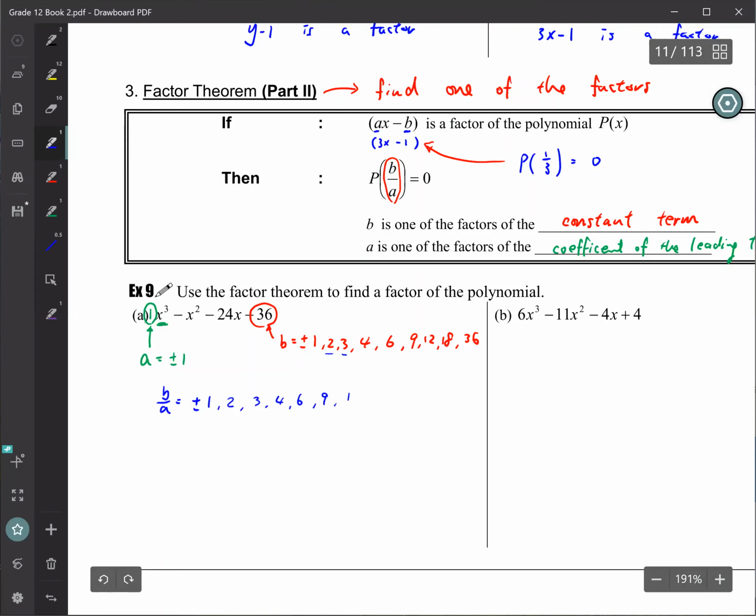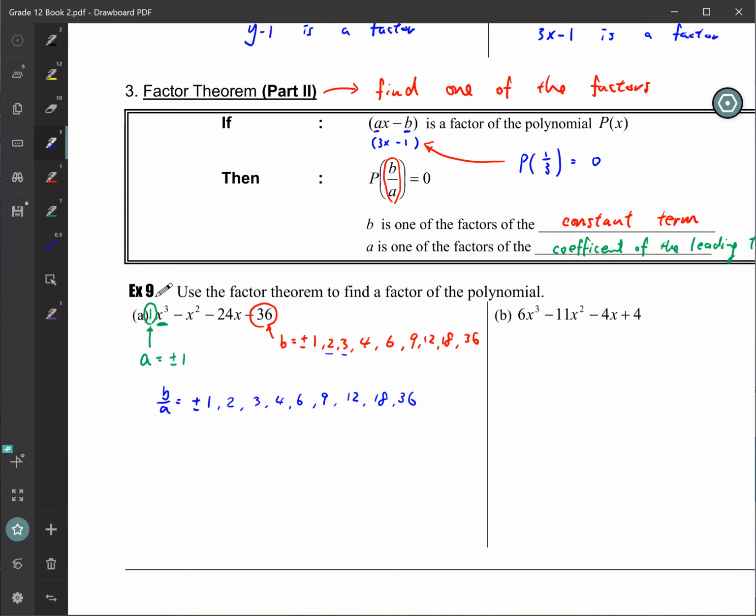Because it's over 1, it's the same as the b. So rather than guessing randomly, these are the possible numbers that could give you a remainder of 0. From this list, you do guess and checking. If you get lucky, maybe you can get it right away.